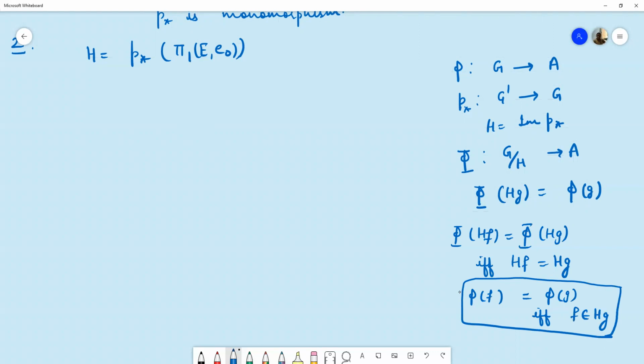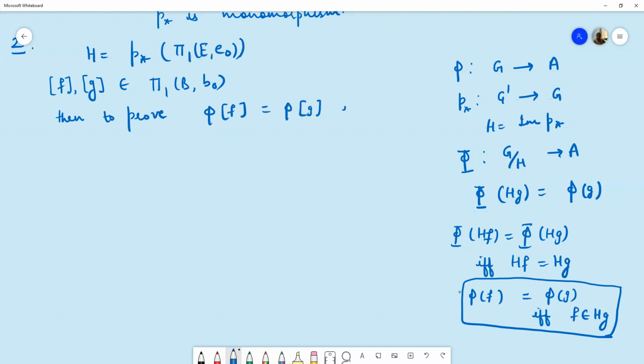So in this particular part, we will prove that if f and g are loops in space B based at point B naught, or we can say if these two path homotopy classes belong to pi 1 B naught, then phi of f is equal to phi of g if and only if f belongs to H star g.